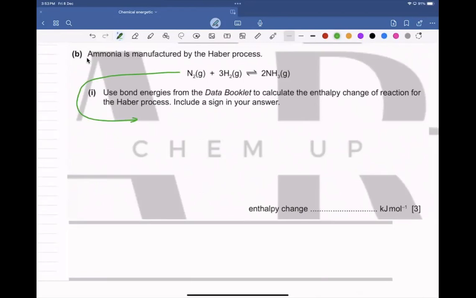So see, between the nitrogen atoms in the nitrogen molecule, there is a triple bond. Then we have 3 moles of hydrogen, and then here we have 2 moles of ammonia.